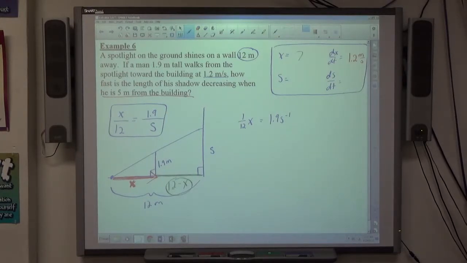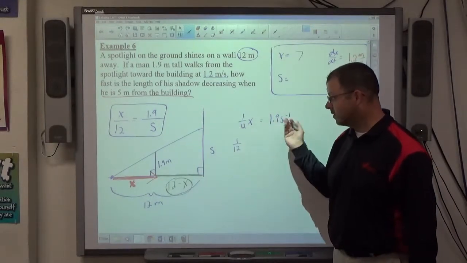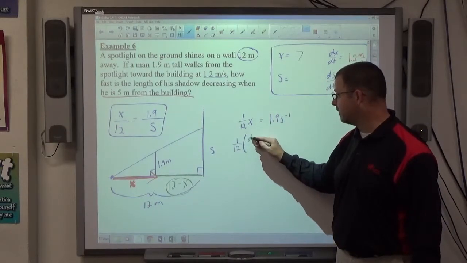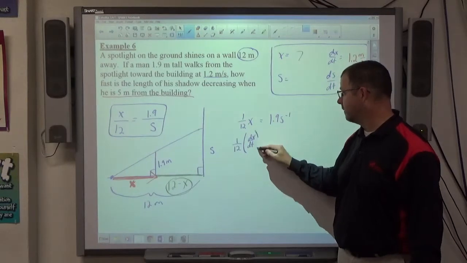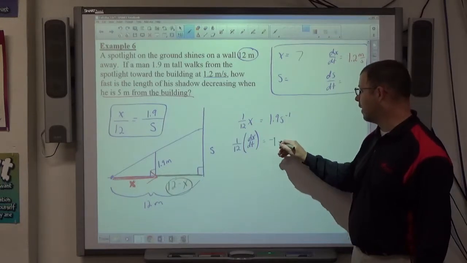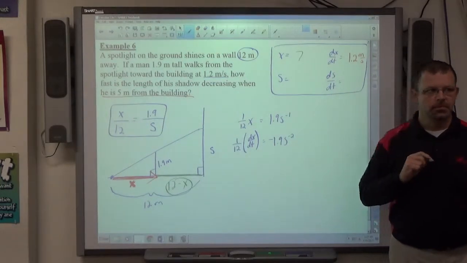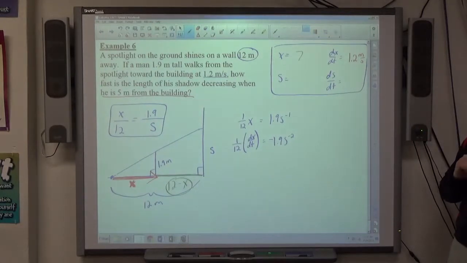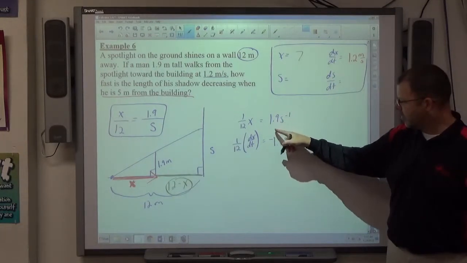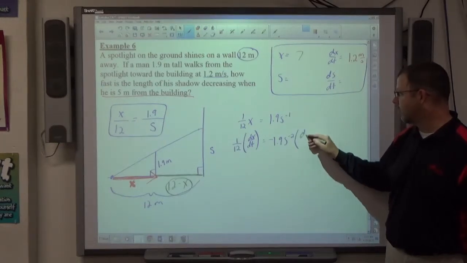They're both power structures, so the derivative of 1/12 x is going to be 1/12 and then dx over dt. And the derivative of 1.9 s to the negative first is negative 1.9 s to the negative second. Power times coefficient, power down by 1, and that's not t, so we're going to put times ds over dt.